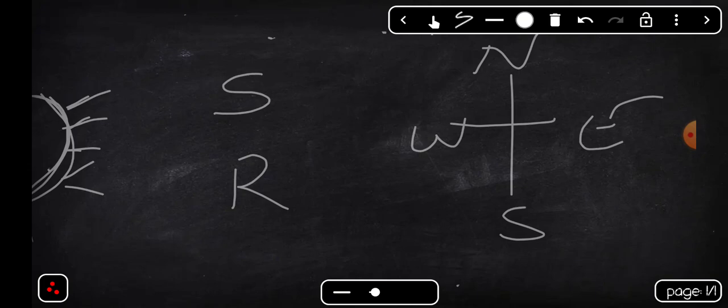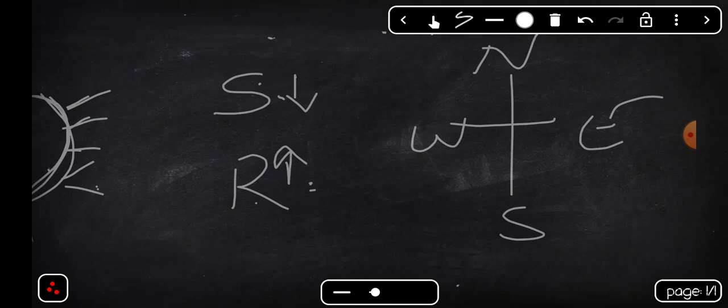Now Radha is here and Shanta is here. Suppose the shadow of Radha will be on the right side. That means Radha is facing towards the north. The shadow of Shanta will be on the left side of Shanta, because Shanta is facing south.